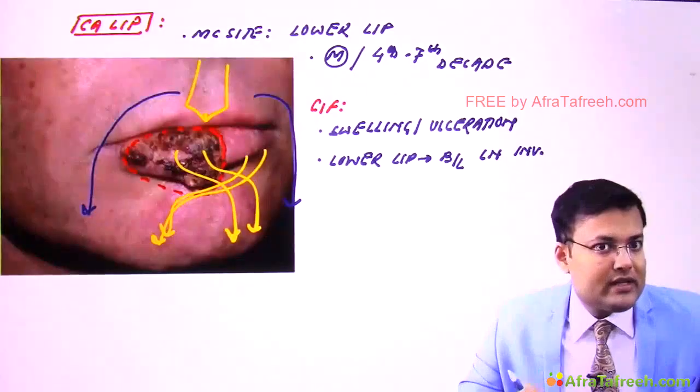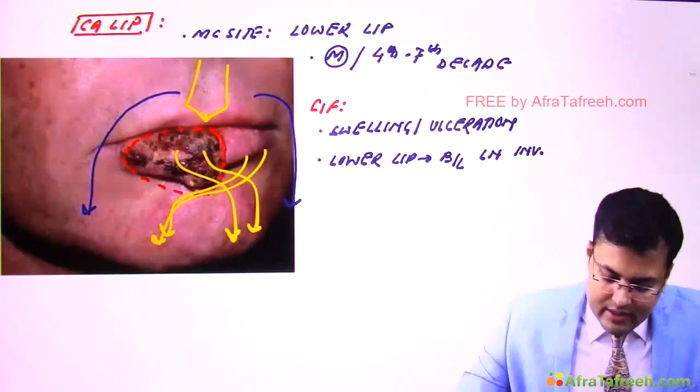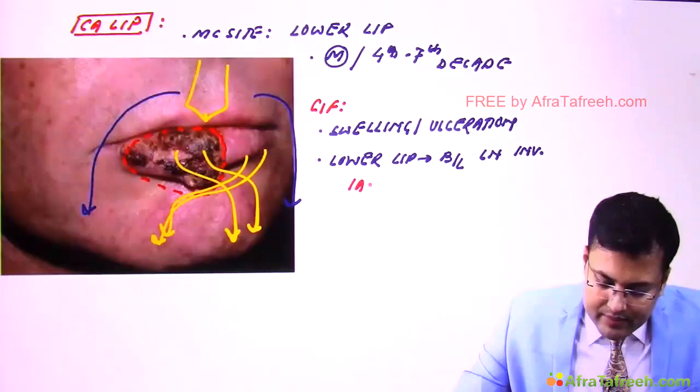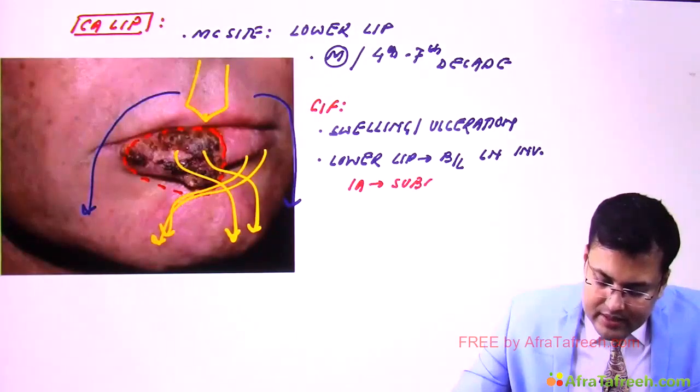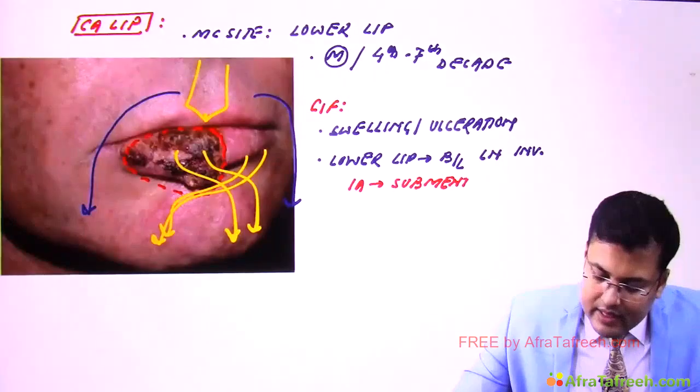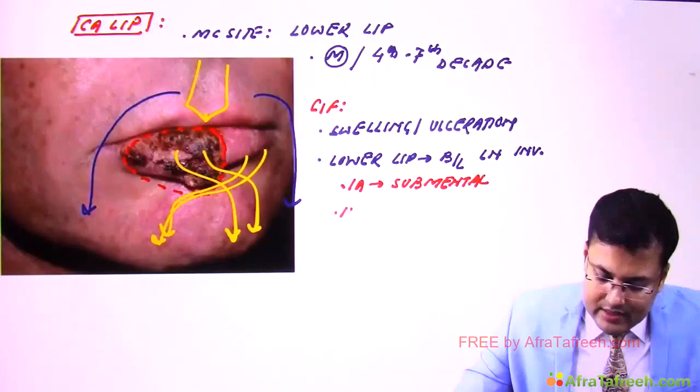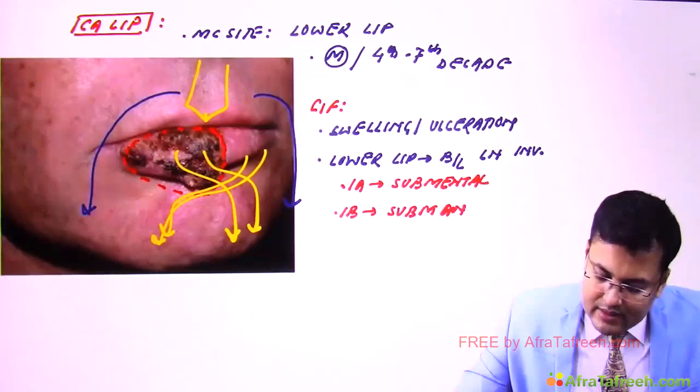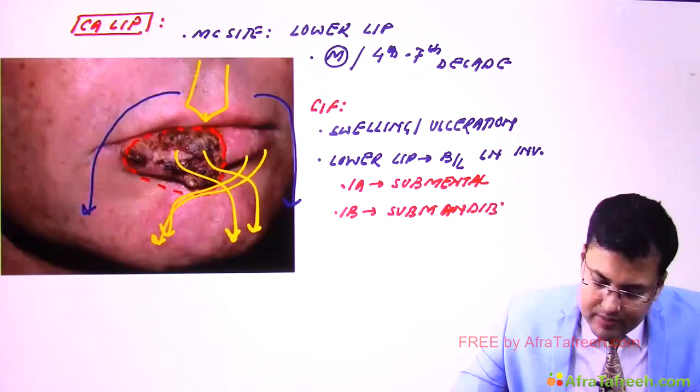Lymph node involvement is seen in advanced malignancies, and the involved group is 1A, that is submental, and 1B, and that's submandibular. Clear? So it's submental and submandibular.